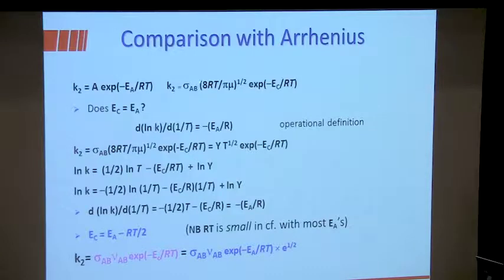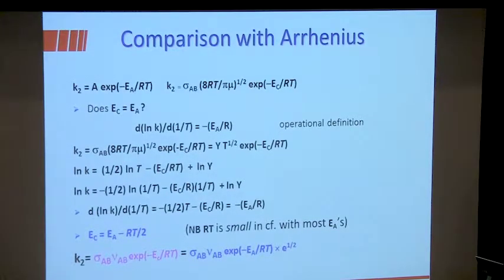And we just derived that k2 is equal to sigma AB, (8RT over pi mu) to the power of a half, times the exponent of minus EC over RT, on a molar level. So the question then is, is EC equal to EA? And the answer is no.